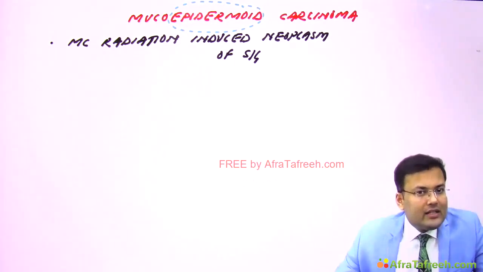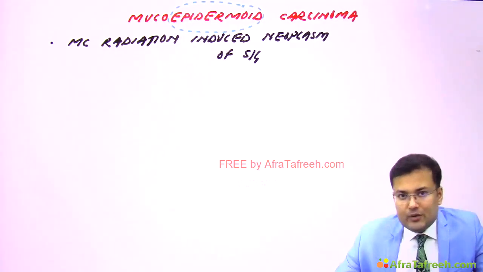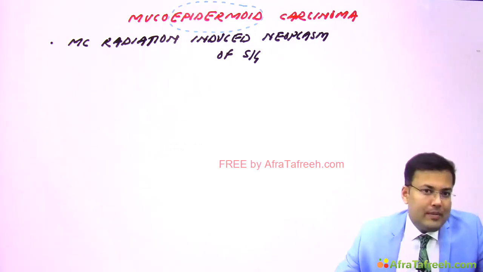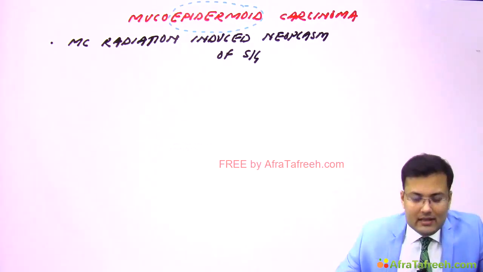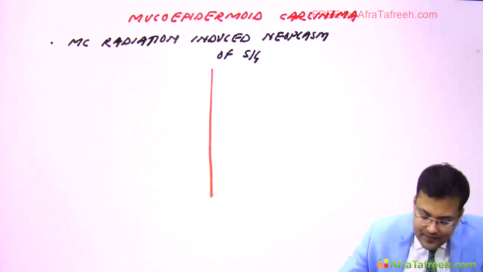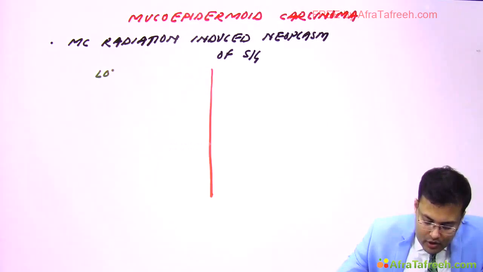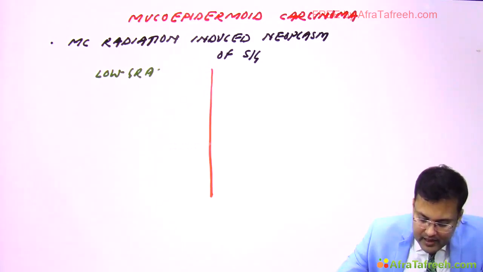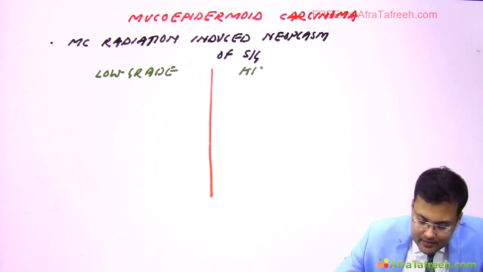Low grade is more common in children, whereas high grade is more common in adults. So these are the types on the basis of cells: low grade and high grade.